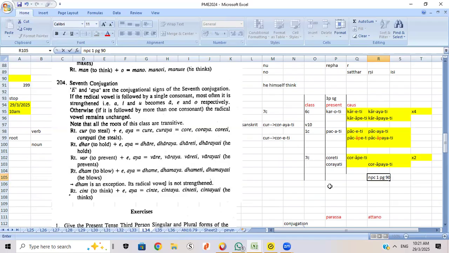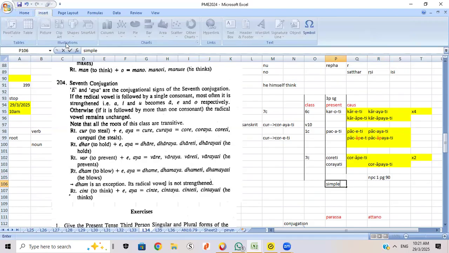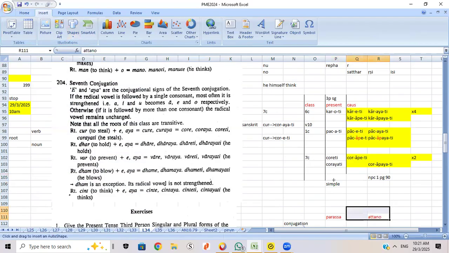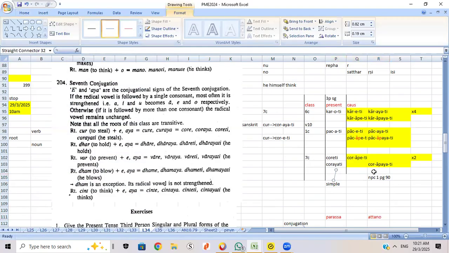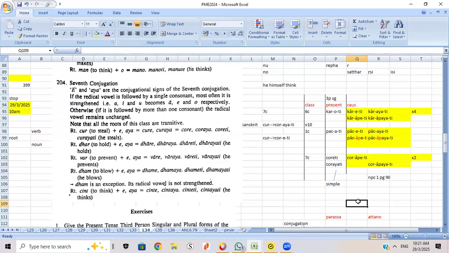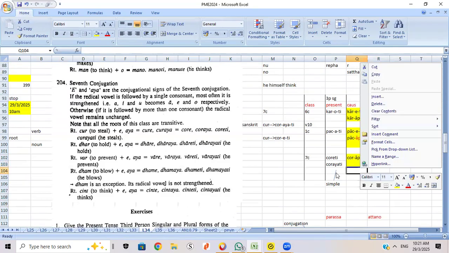It means third person. So sometimes the book will confuse you a bit. NPC calls this simple, and NPC would call this a causative. You can look into your NPC, page 90, and you will be able to find this.